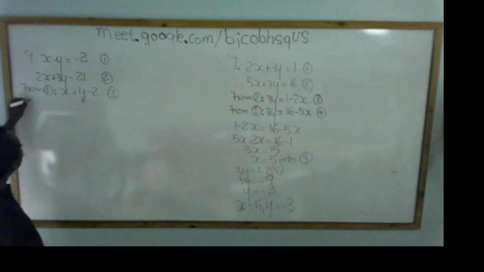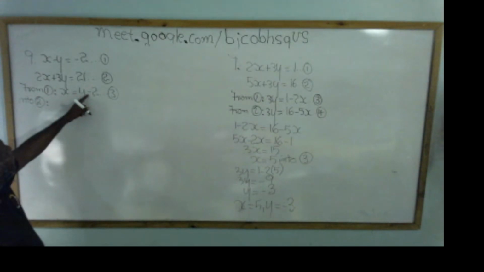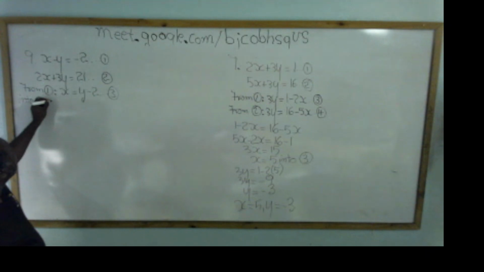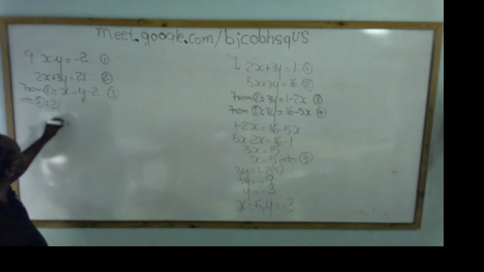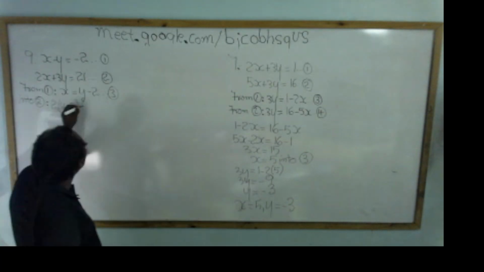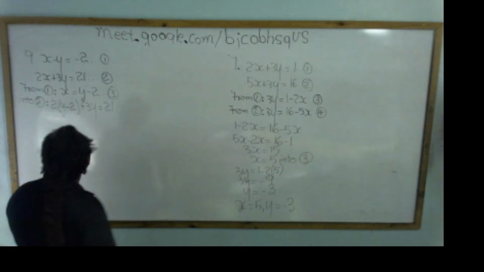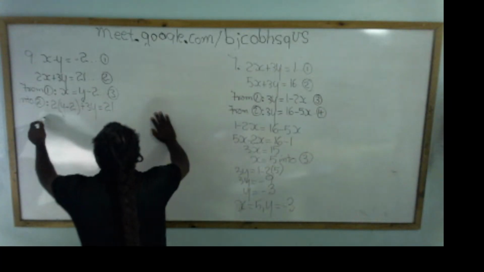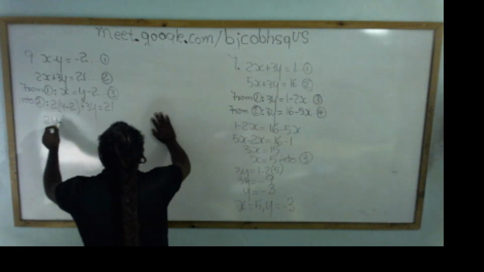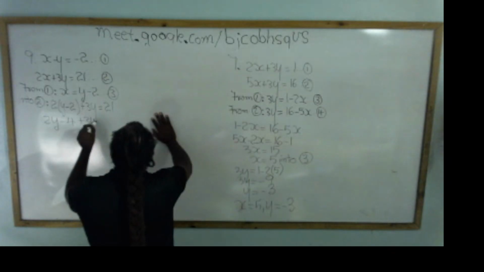So 2 times x, where x is y minus 2, so 2x plus 3y is equal to 21. And we say what? 2y minus 4 plus 3y is equal to 21.